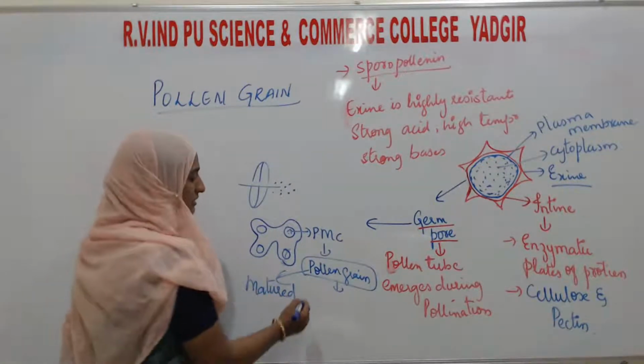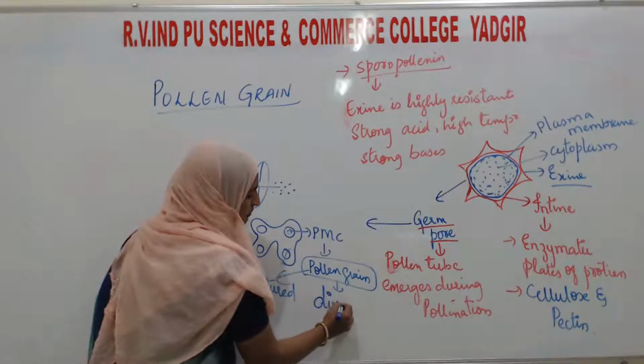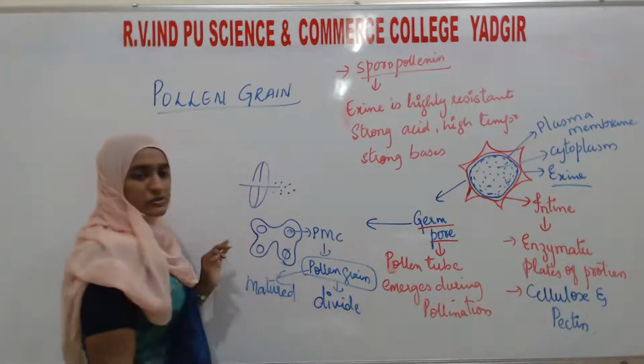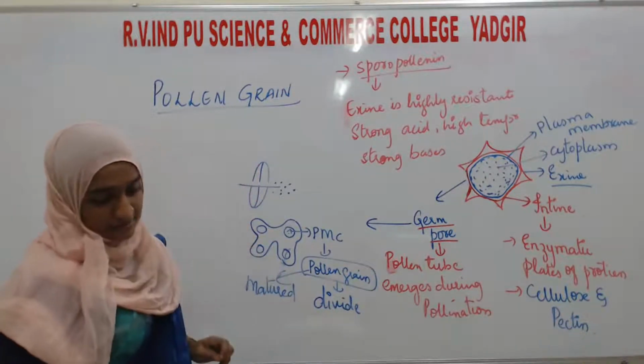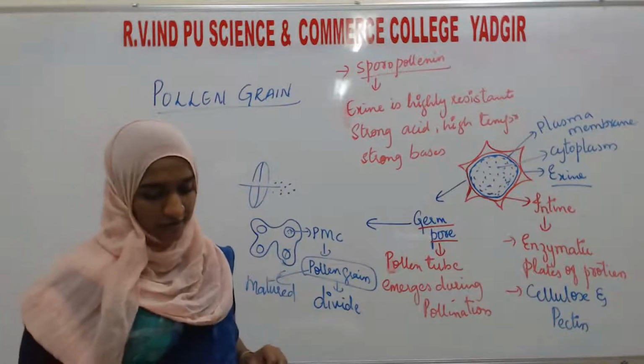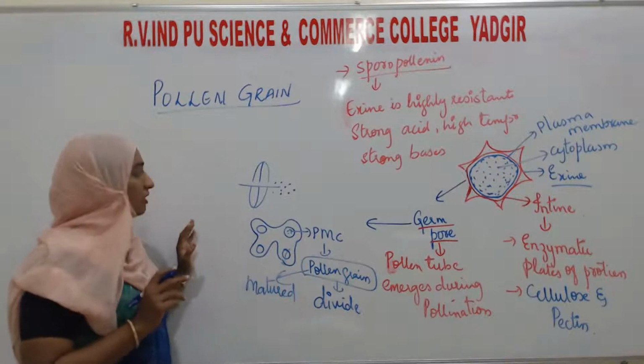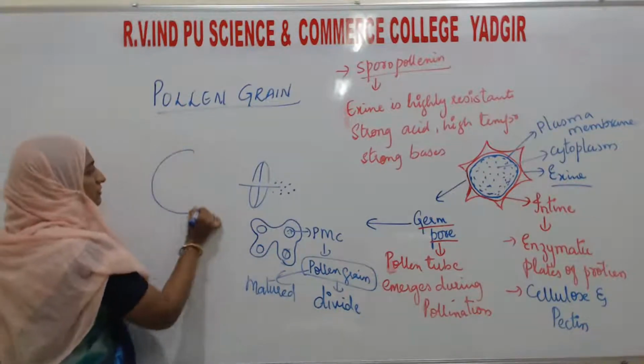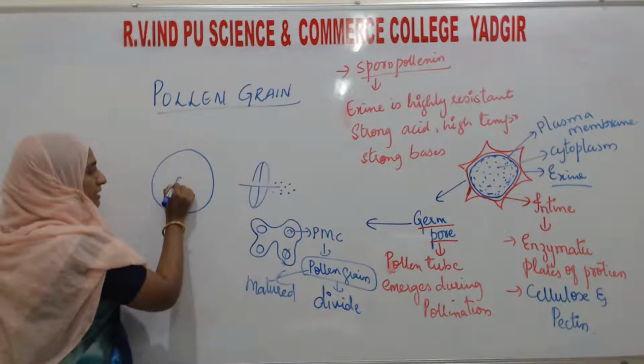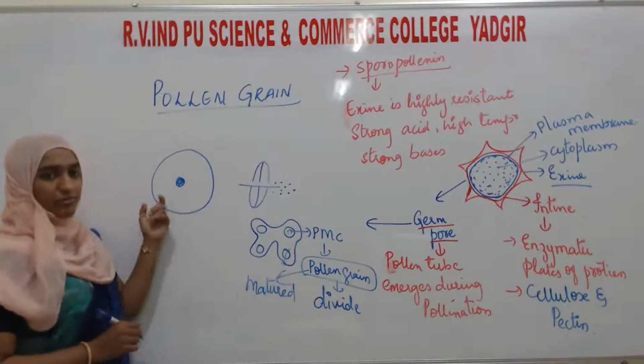So these pollen grains will divide. Inside these pollen grains there is a formation of two cells. This is the pollen grain and this is the nucleus of the pollen grain.